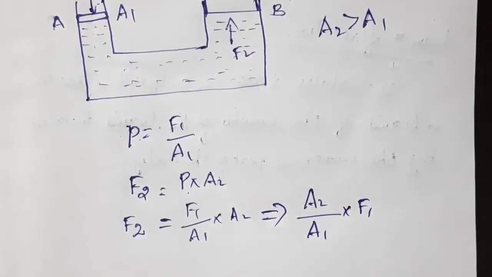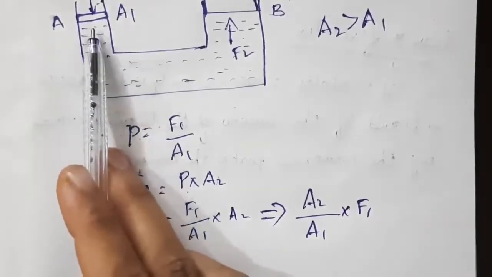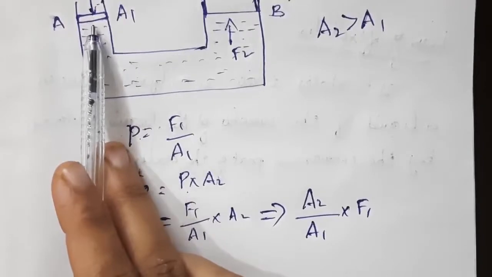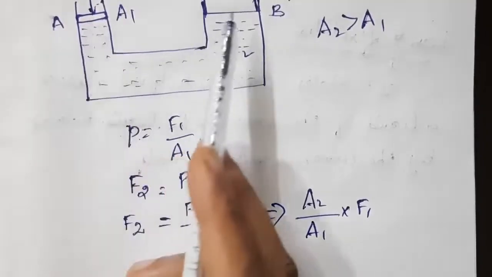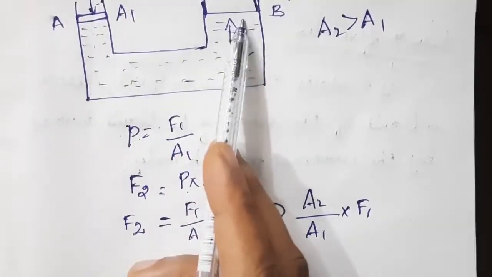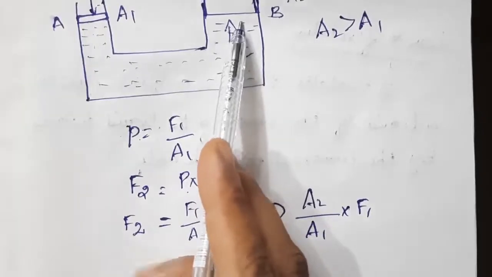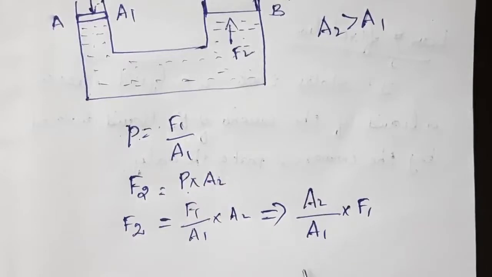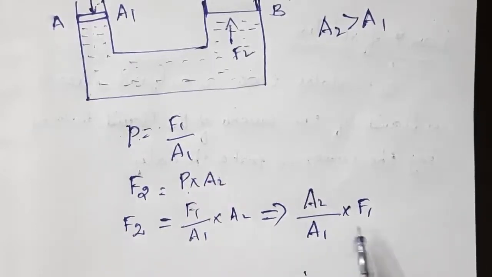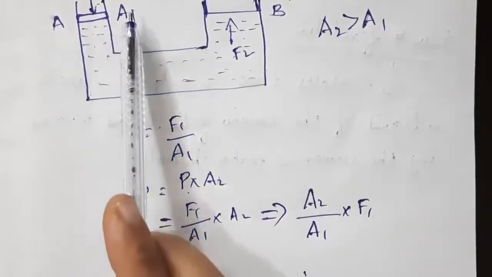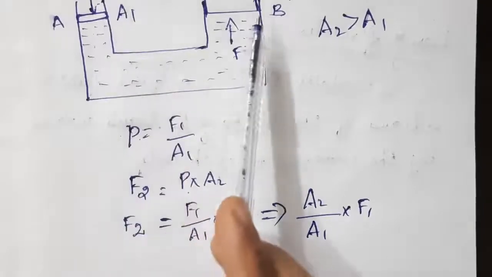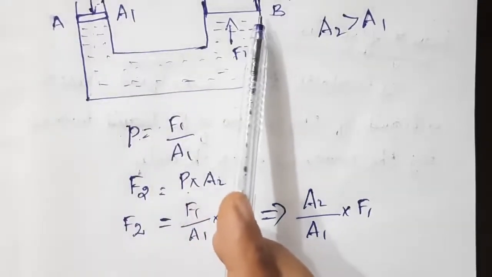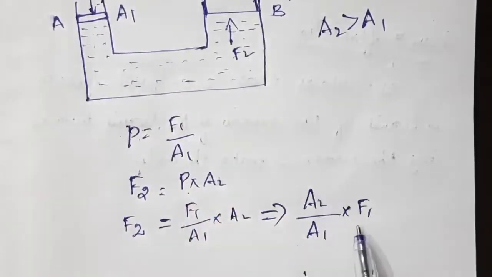So here, when you change the force on the smaller piston A, the force on piston B is also changed. It has been increased by the factor A2 by A1, giving A2 by A1 into F1.